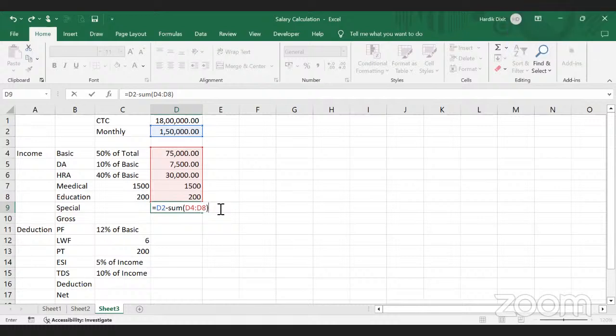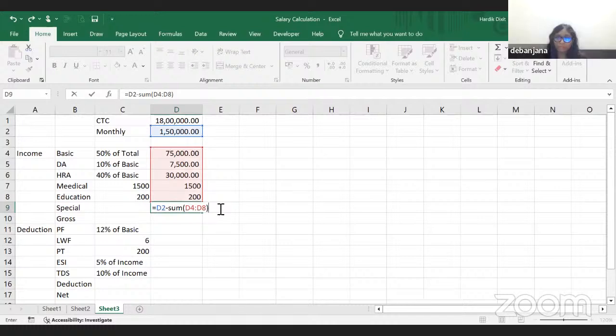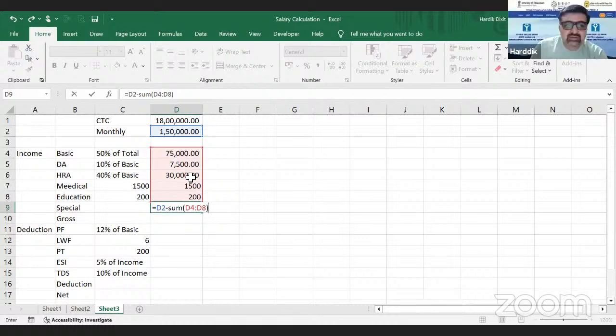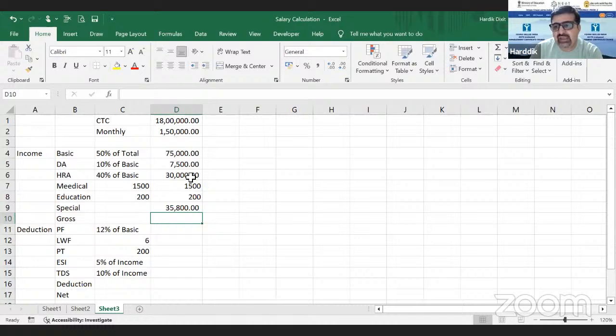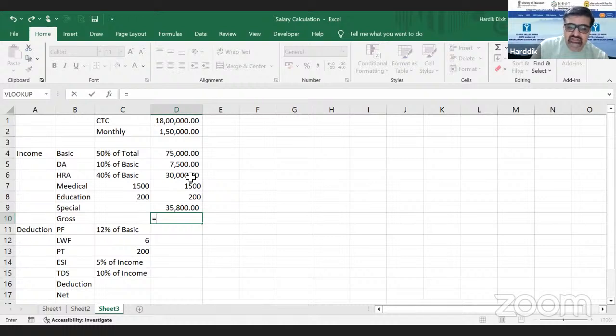What will be the value? 25,000. 75, 30, 105, 7, 112, 113, 14, 200. 35,800. Right? And if we add all this it should make 1,50,000 rupees.